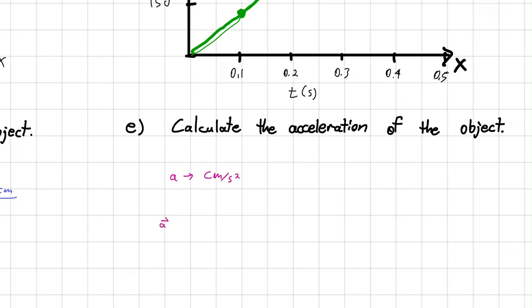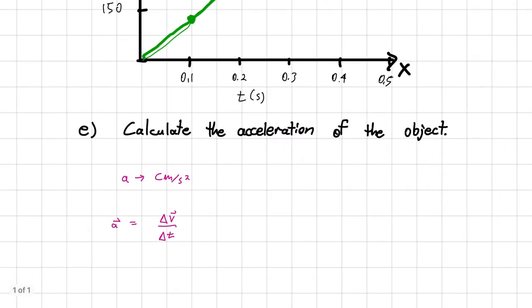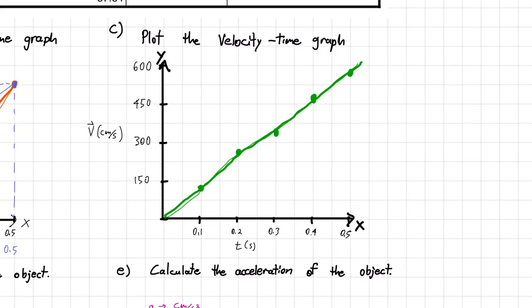And we have a formula, is the change in velocity over change in time. Or v final minus v initial over t final minus t initial. Now, what values are we going to use here? Well, let's take a look.